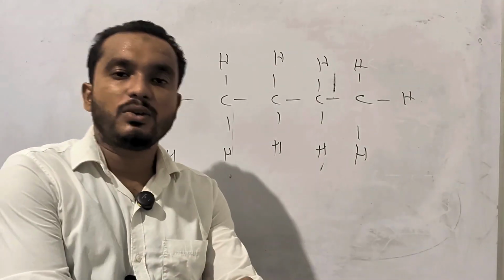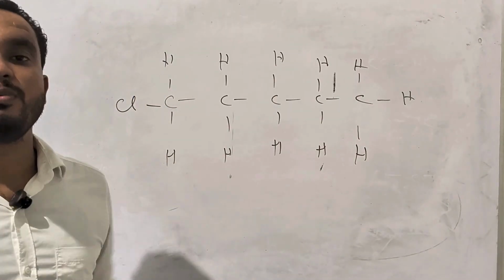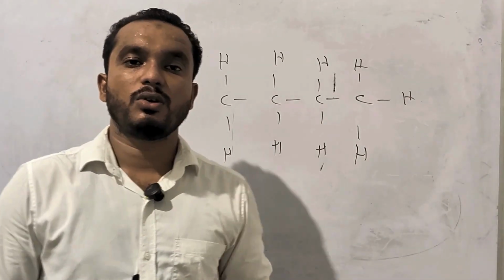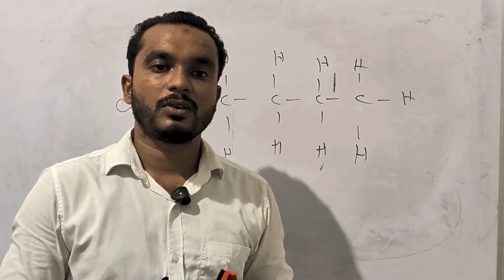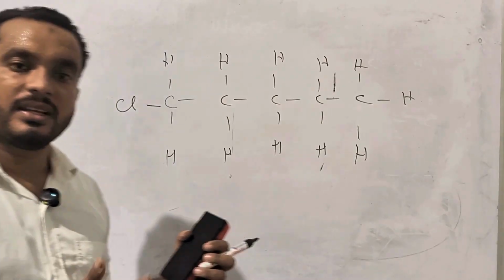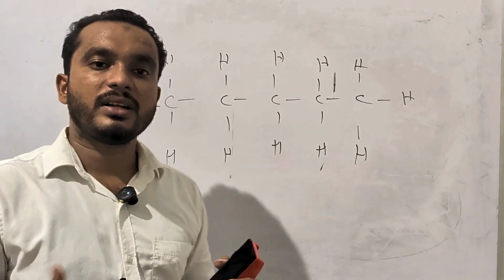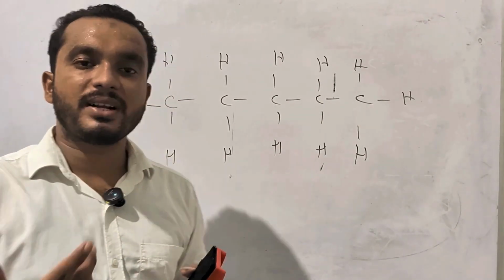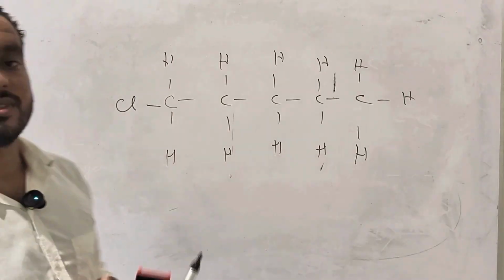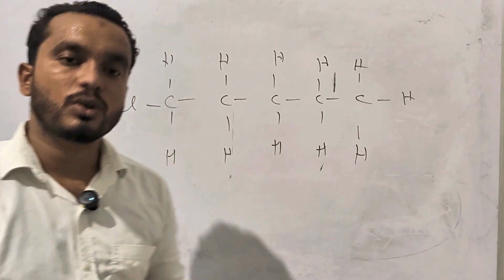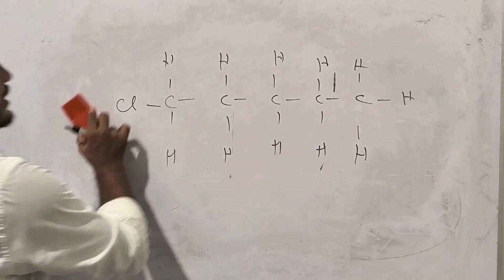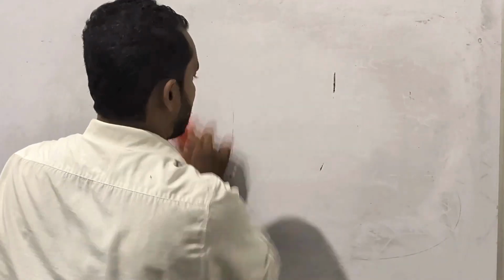So if you want to make the definition of functional group, we can say it this way: when an atom or group of atoms in a carbon chain represents the specific properties of that carbon chain, those atoms are known as a functional group. Now let me discuss functional groups.